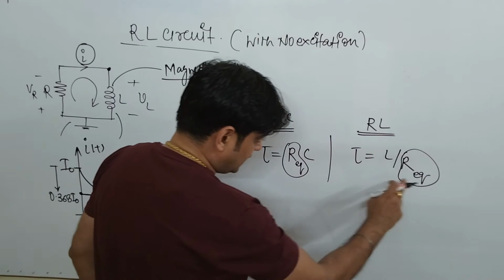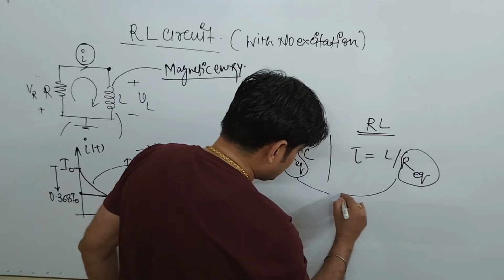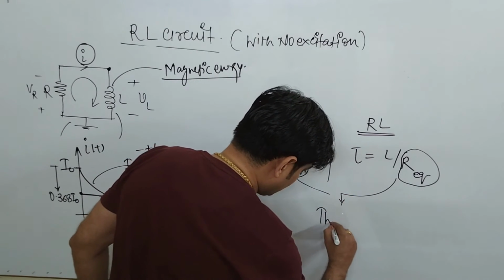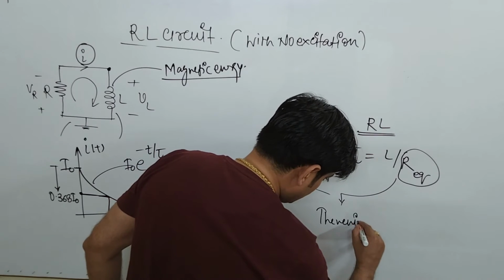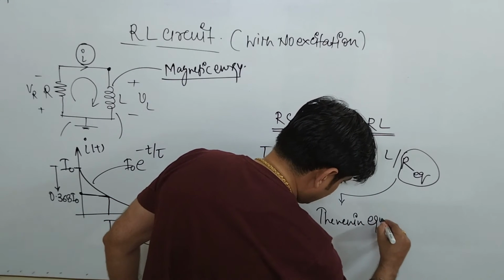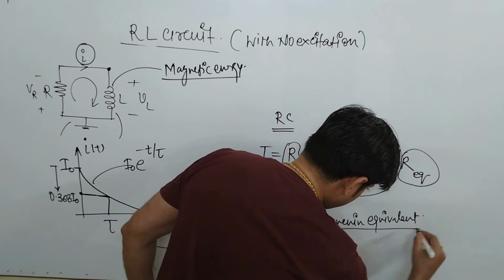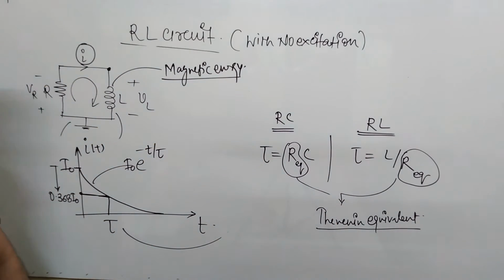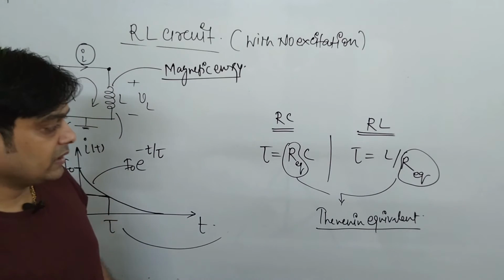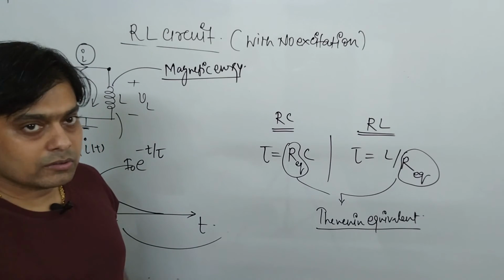So finally this R equivalent in both cases is referred to as the Thevenin equivalent. So from here we understand that while solving the problem, if you have to find the value of the time constant, you have to find the Thevenin equivalent for that particular capacitor or inductor.